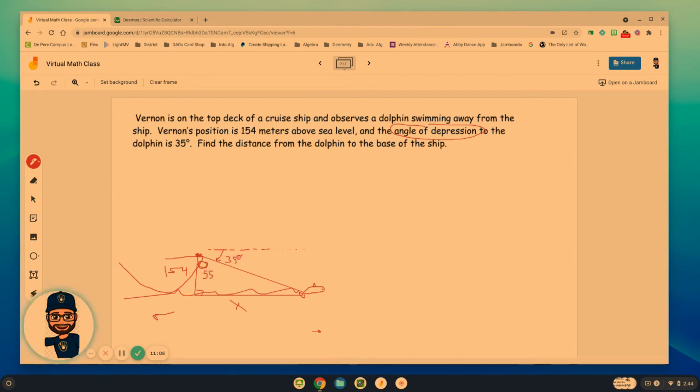Okay, the angle of depression is on the outside of the triangle, meaning the angle of depression plus the inside angle have to equal 90. And now you're going to see that we would have this picture. 55 degrees here, 154 and x.